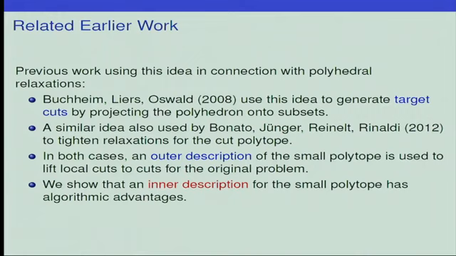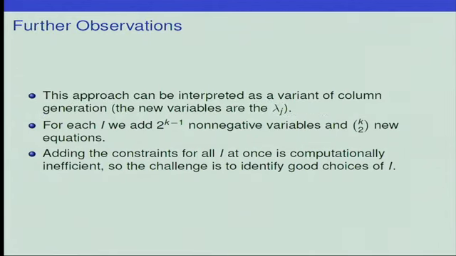It's similar to what we're doing in that we're taking our big cut polytope and going to small dimensions, but instead of looking for an outer description, we're actually working with the exact polytope in that smaller dimension, and then lifting that up to the higher level. And it turns out that this seems to have some good algorithmic advantages compared to the other approach.